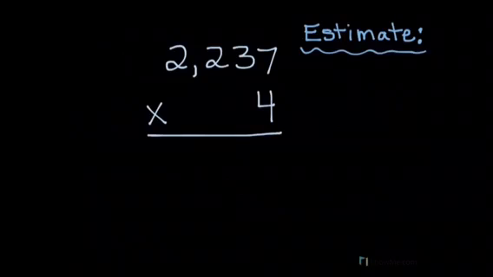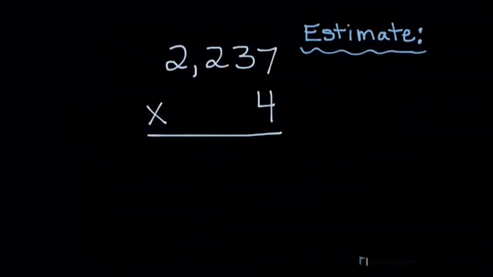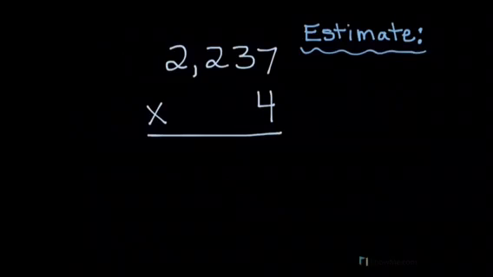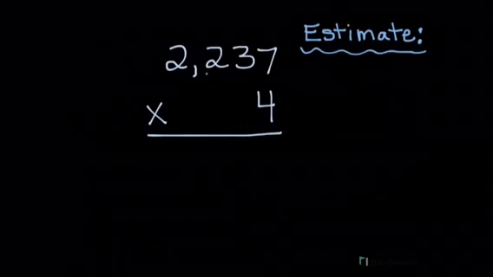Today, we are going to estimate, but when we estimate, we're going to try to make our estimates a little more precise. So instead of always rounding to the biggest place value, today we're going to round to the hundreds place.